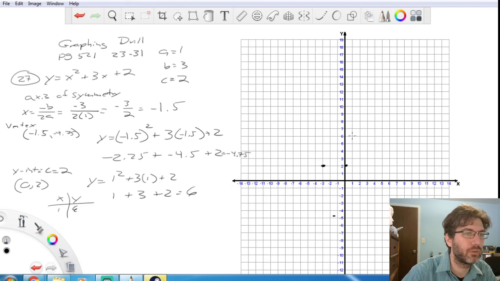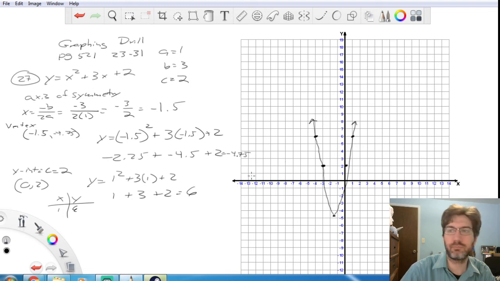So 1 is at 6. And again, you can use symmetry to find that because this is halfway through. Or you can plug in another number like we did the last one. 1, 2.5. Half 1, 2 should be over here. And you get the idea of this graph here. Going up like that.